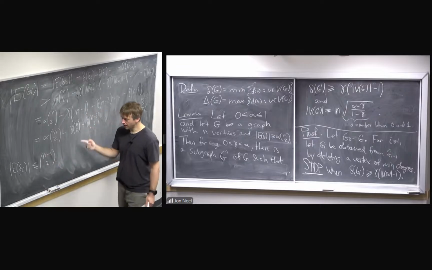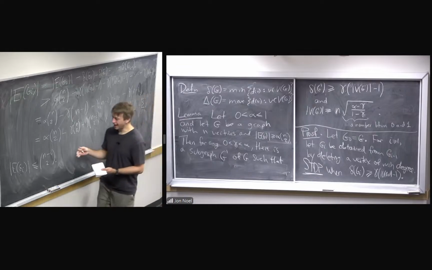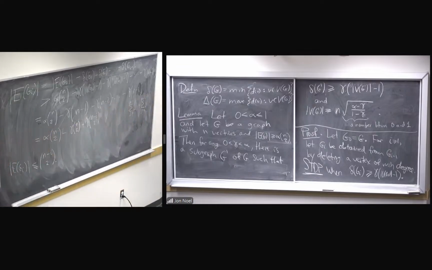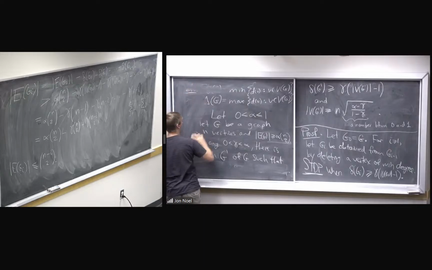Okay, so we've got an upper bound and a lower bound. And then we're going to somehow put these together to get a bound on i, which will tell us how many vertices Gi has.